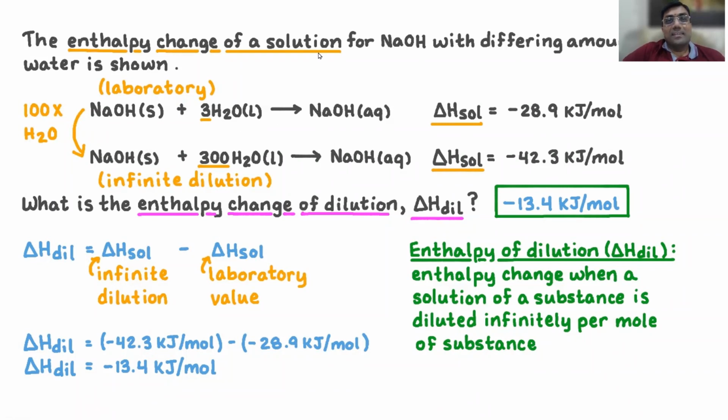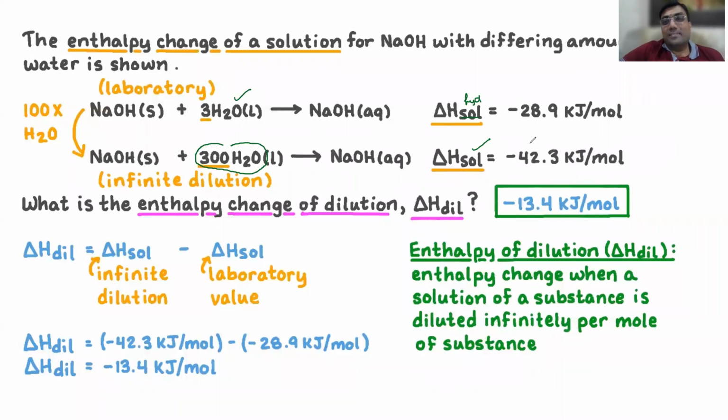The first step, three water molecules, is enthalpy of hydration, right? And this one with infinite water molecules is solution. This is hydration, this is solution. What do you have to find? Dilution.